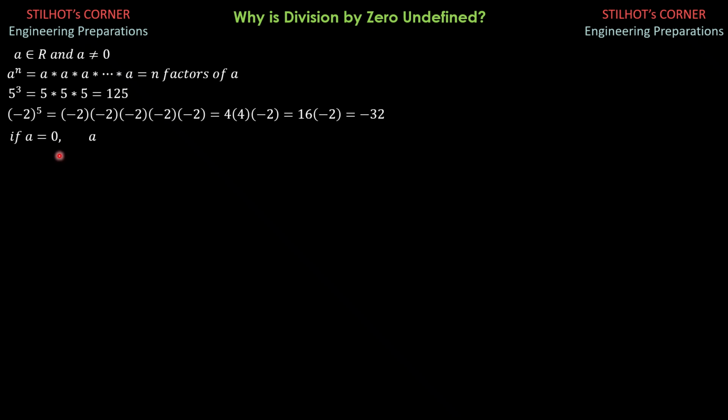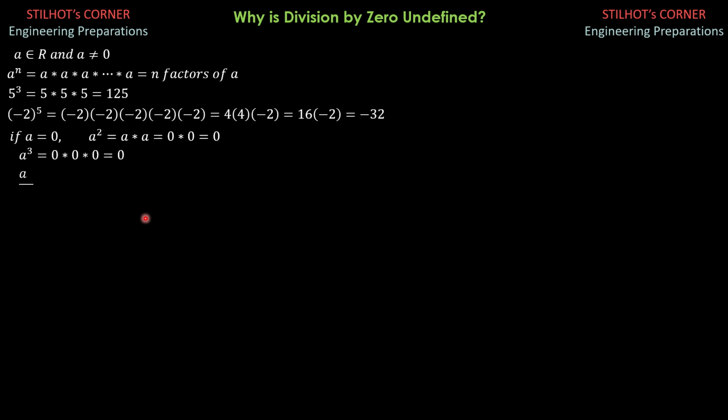If A is equal to 0, so A squared would be A times A, so that would be 0 times 0, so 2 factors of 0, but even so, it is still 0. So A cube is 0 times 0 times 0, 3 factors of 0, that will still be 0.